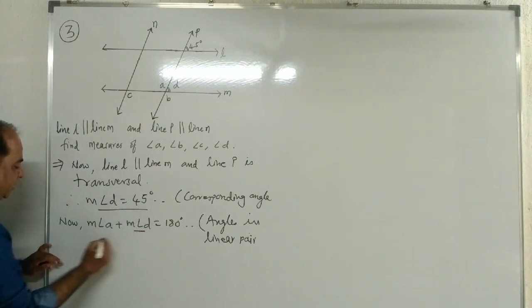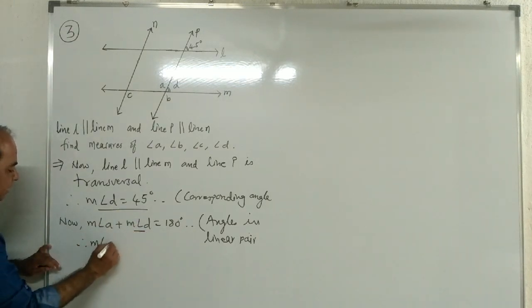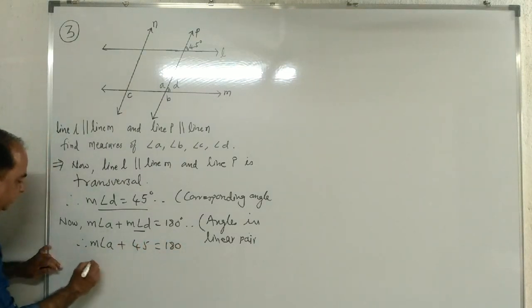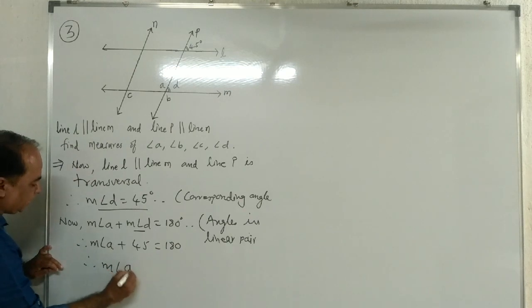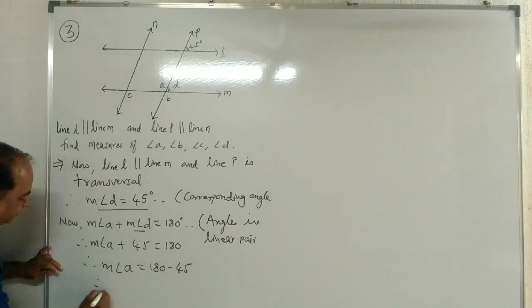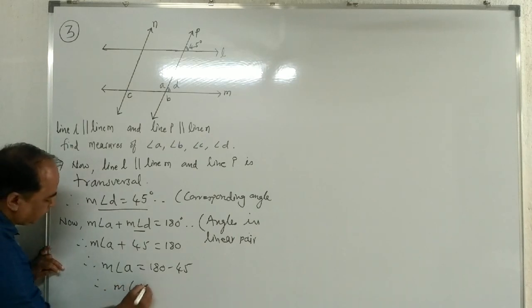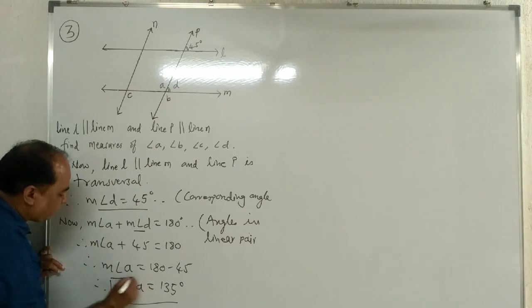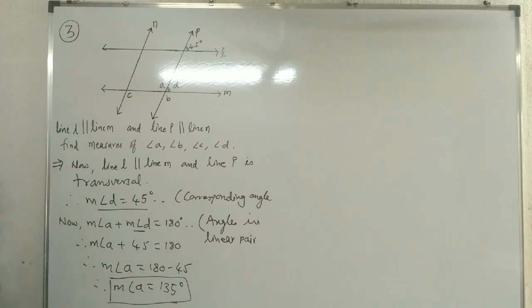Angle D is 45 degrees. So therefore, measure of angle A plus 45 is equal to 180 degrees. Therefore, measure of angle A is equal to 180 minus 45, which is 135 degrees.